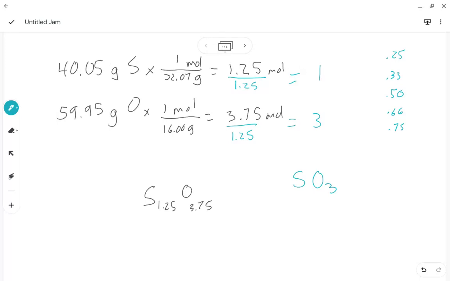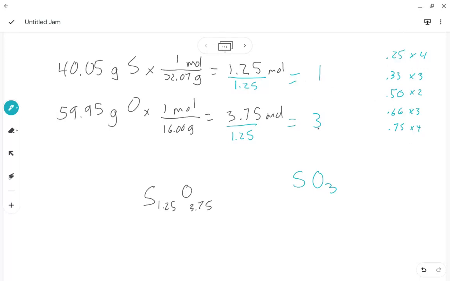After you do that step, if you need to, you could multiply everything by 4, by 3, by 2, by 3, or by 4 to get rid of those decimals. These are some common ones. That's a fourth, a third, a half, 2/3, or 3/4. So if you get something in those ballparks, you can do that.